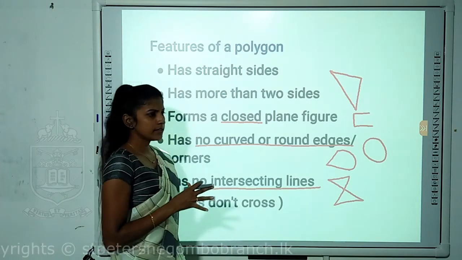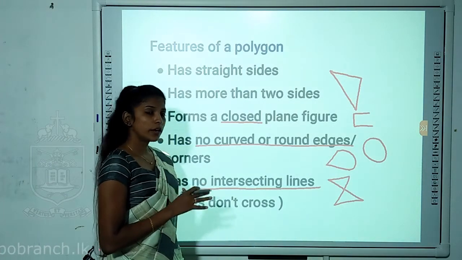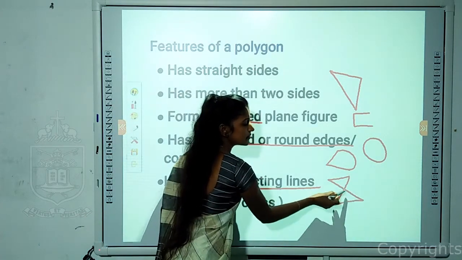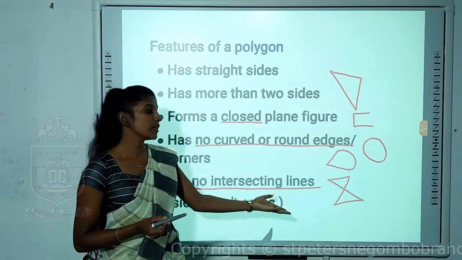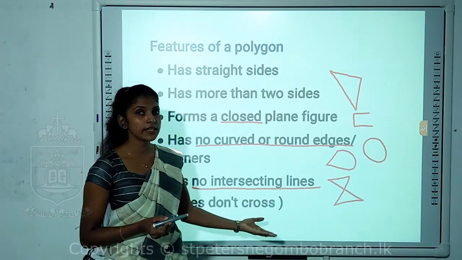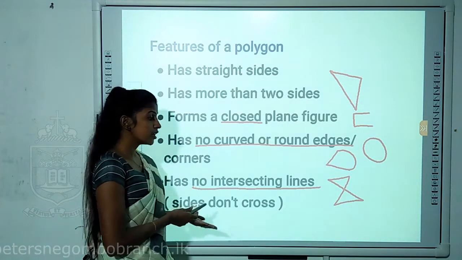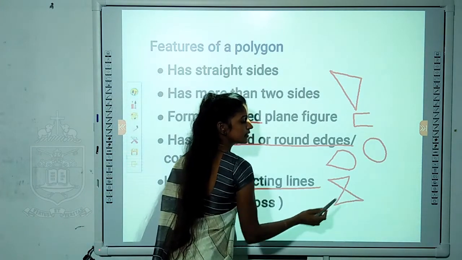It has straight sides, straight lines. It's also a closed figure. But you have to check here. These two straight lines intersect. So such diagrams cannot be considered as polygons. For it to become a polygon, the sides should not intersect like this.